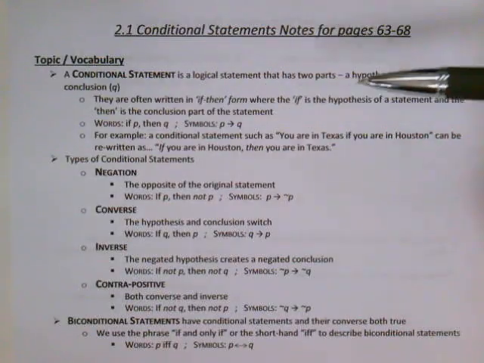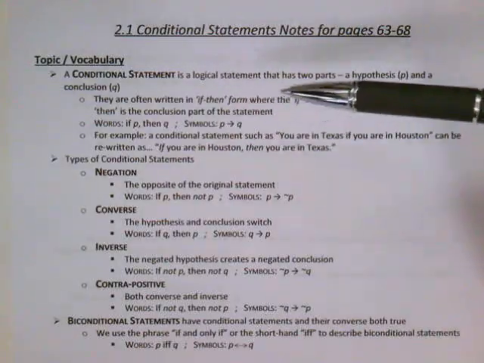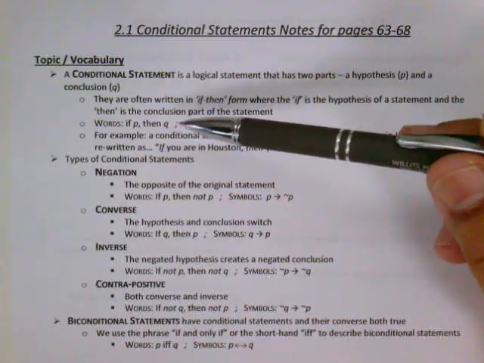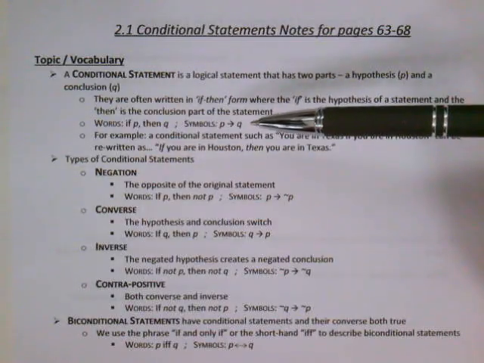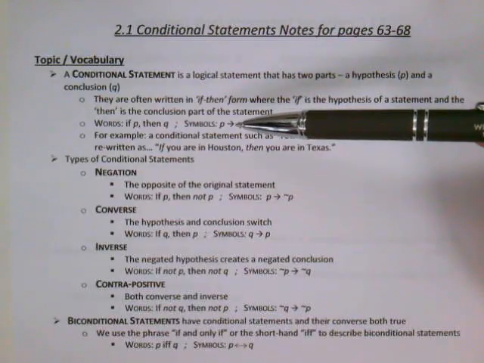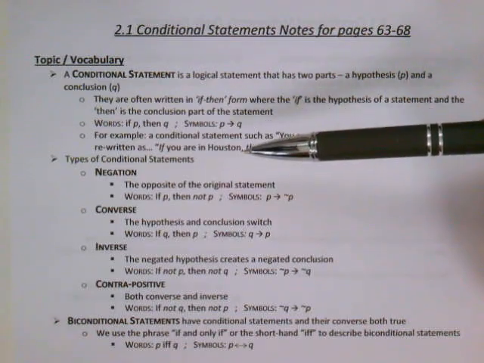If P then Q. Symbolically, when we use algebra and math symbols, we use an arrow. So P becomes Q. That's another way of saying that whatever P is assuming, Q happens.